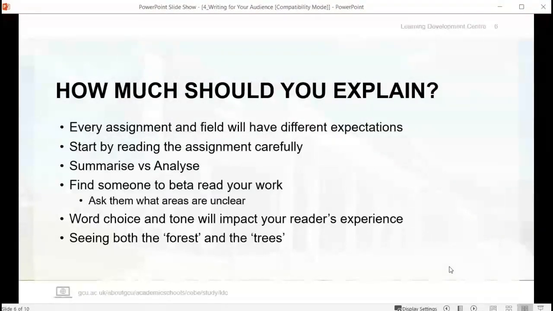So what you want to be able to do with your writing is that, yes, they see the trees, they see the details, they see the individual points that you are trying to make, but they do not lose track of the bigger picture, the forest, if you will. They do not lose track of the main point that you are trying to make. And it is a fine balance.